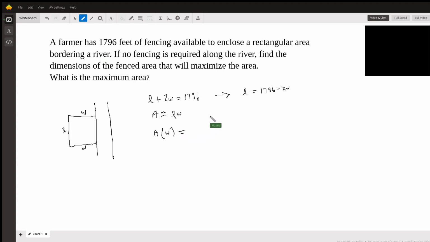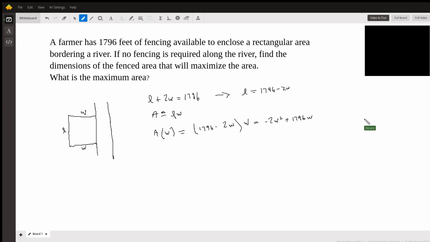And it's equal to the length, which we found is 1796 minus 2W. So it's just the length times the width again. And when we write this out, we get negative 2W squared plus 1796W.